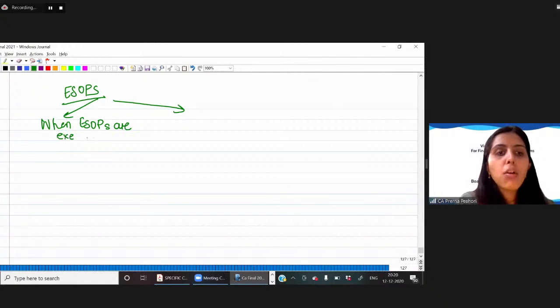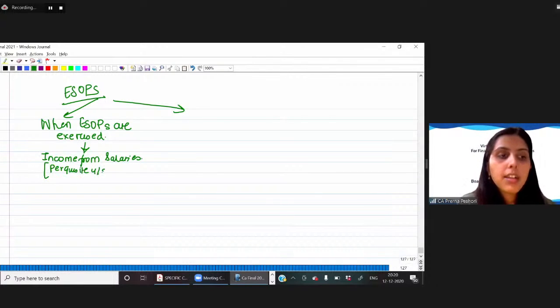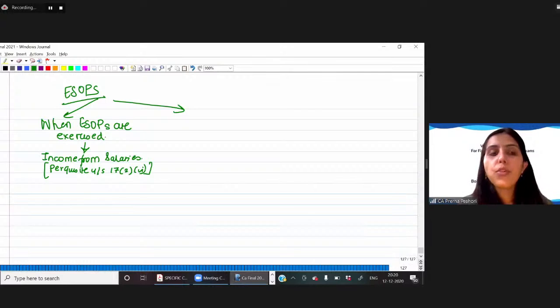When ESOPs are exercised, it will be income from salaries, and this will be treated as perquisite under section 17(2)(vi).